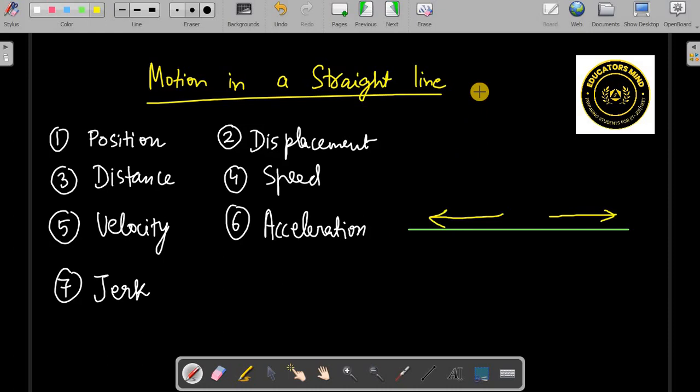And if it's a vector quantity, we will of course discuss vectors separately after this chapter. Why? Because mostly motion in 2 dimensions or 3 dimensions needs vectors, but in 1 dimension, or in a straight line, we can just represent the vector quantities with direction given by sign.